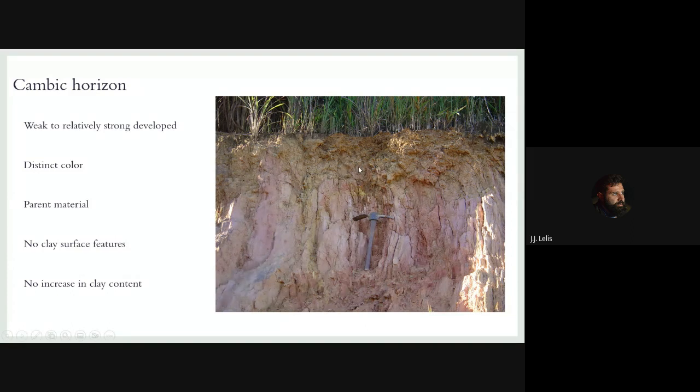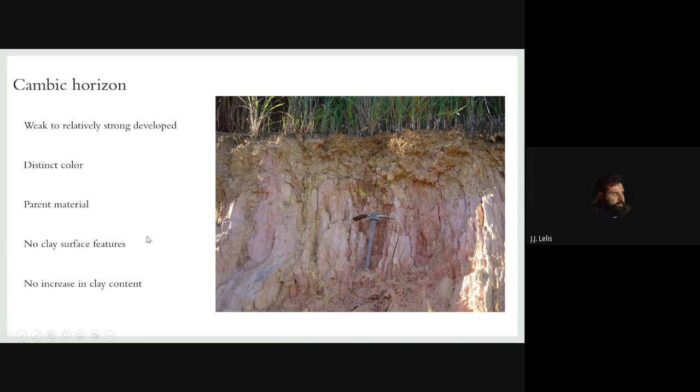As we can see in this picture, here is the A horizon, and this yellow horizon is a B horizon, a cambic B horizon, because it possesses all the criteria to classify a cambic horizon. Okay?